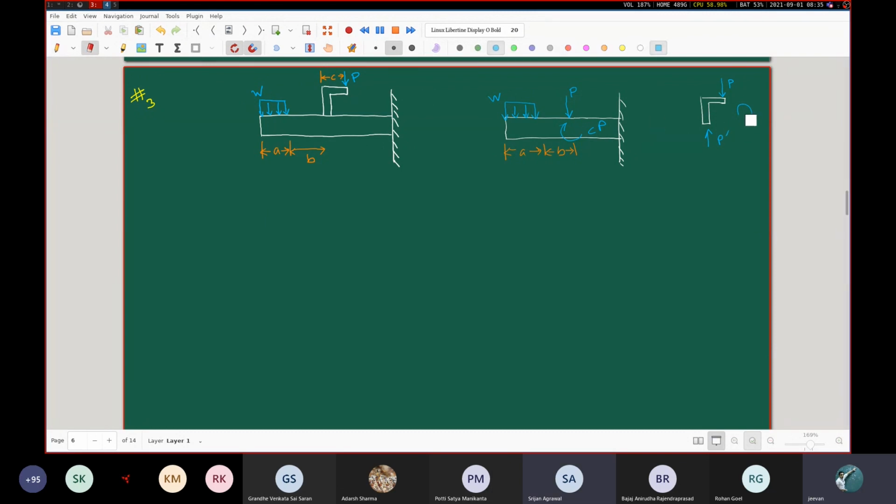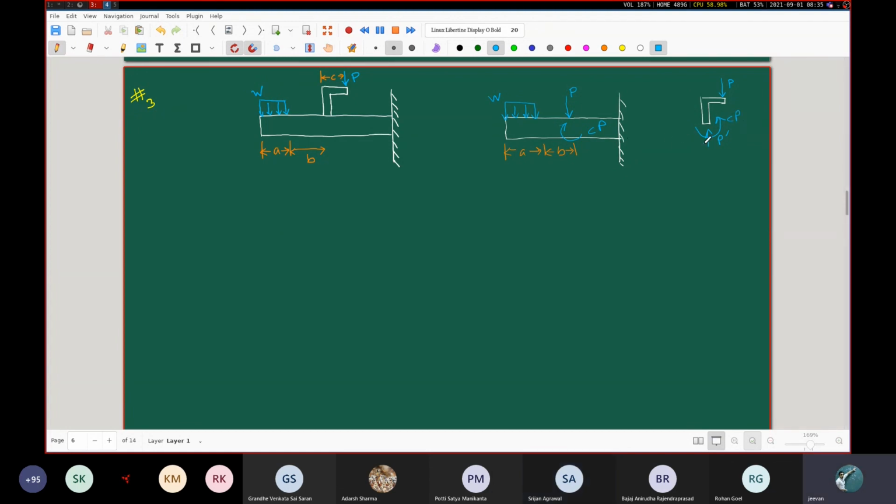So now listen. The couple due to this is like this. Remember that. Now this thing here is like this, this curved arrow that I have just drawn. This is the reaction couple exerted by the beam on this L-shaped part, so this is CP.